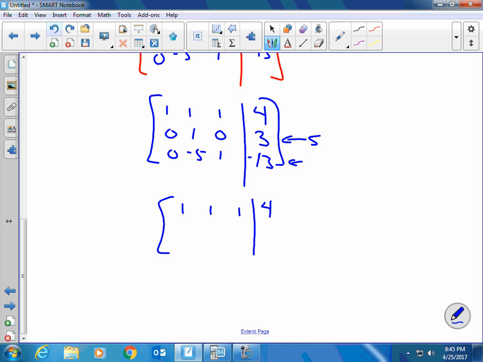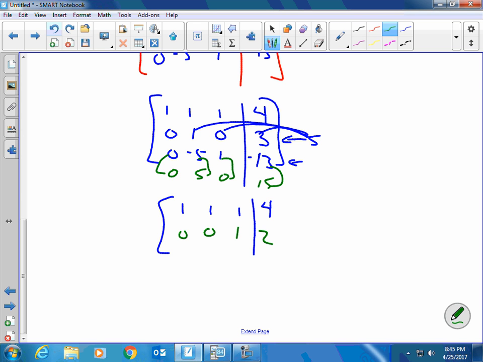I'm going to multiply this row by 5. So 5 times 3 is 15. 5 times 0 is 0. 5 times 1 is 5. 5 times 0 is 0. Add these two together, I get 0. Add these two together, I get what I wanted, 0. Add these together, I get 1. Add these together, I get 2.